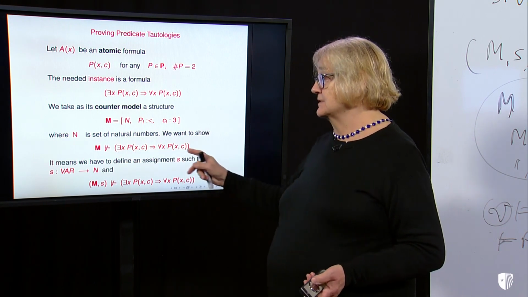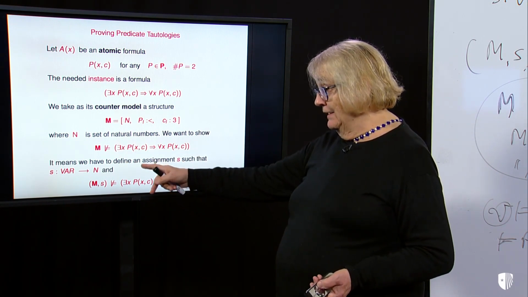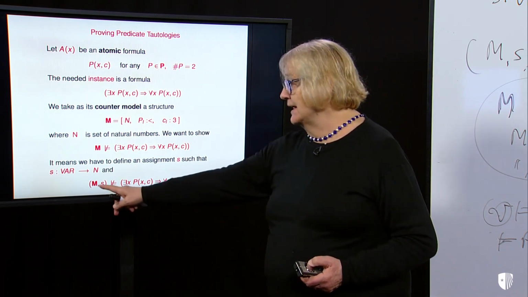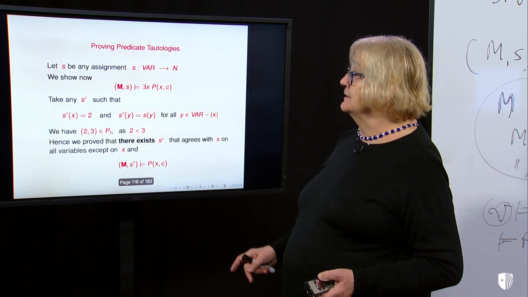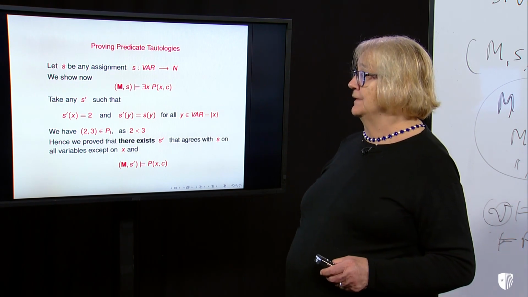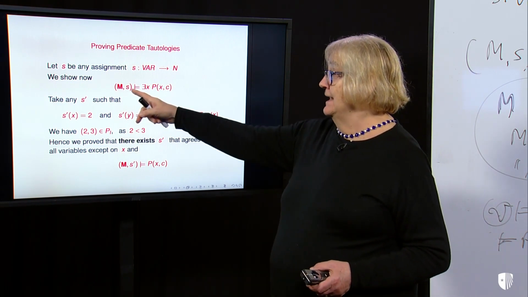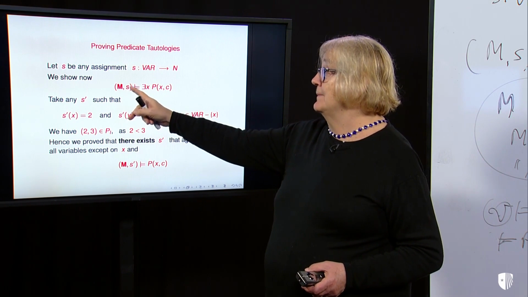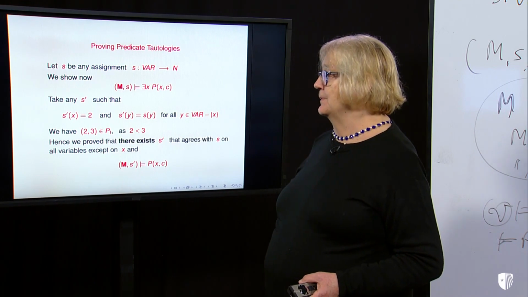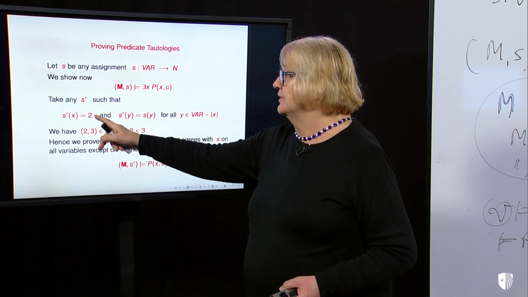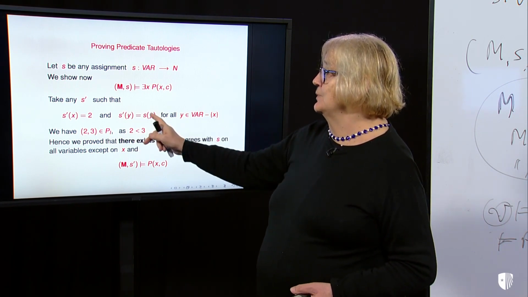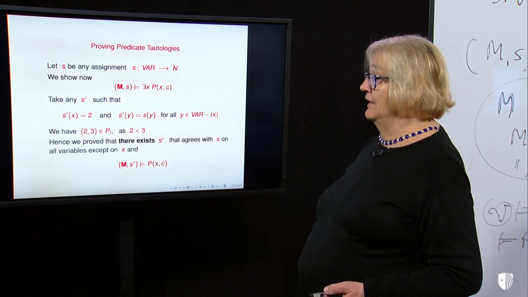I want to show that M does not satisfy the formula. Now we have to define a truth assignment such that M, S would not satisfy this. So let S be any assignment into natural numbers, and I want to show that M, S satisfies there exists x P(x, x)... take any S prime where S prime of x is 2, and S prime of y is the same as before, as for the other variables.